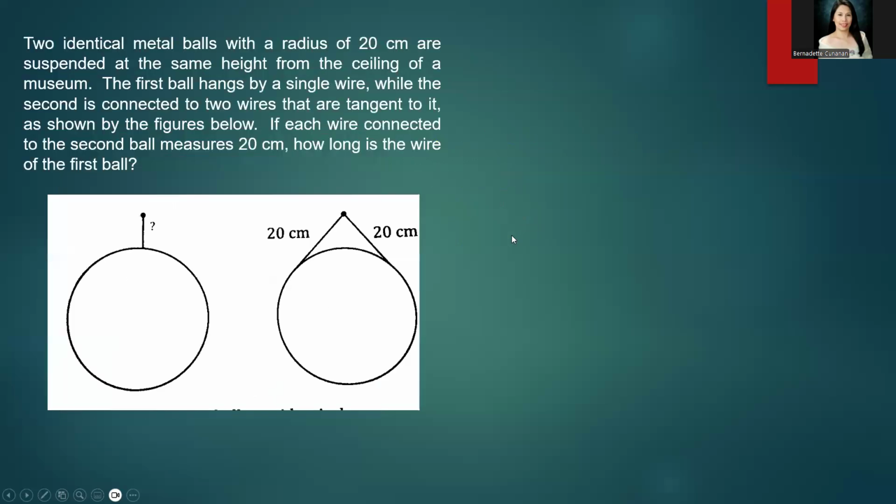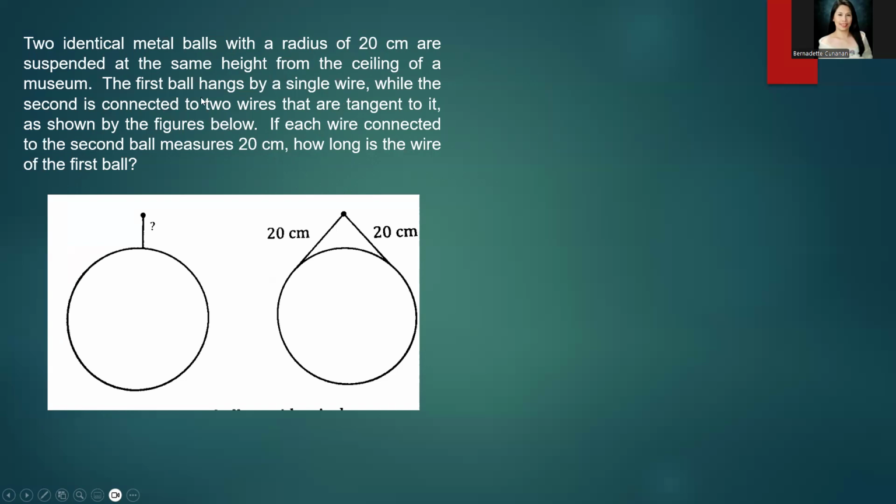So next we have another problem involving identical metal balls. So here we have two identical metal balls with a radius of 20 cm, and they are suspended at the same height from the ceiling of a museum.